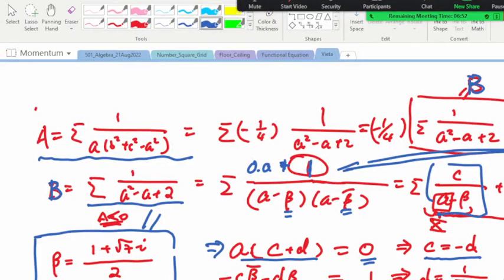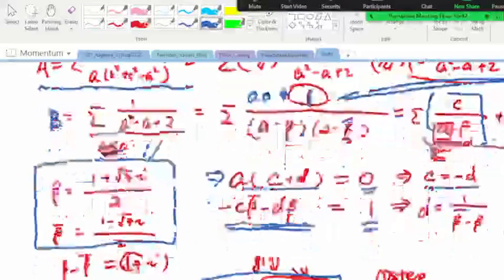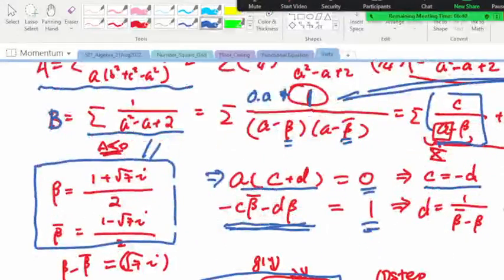Okay, Jonathan, I address your problem a little bit, question one more time, okay? Yeah, this is a bit difficult. Okay, so did you see it's 1 over A squared minus A plus 2? So basically this quadratic has two roots, beta and beta conjugate, right?